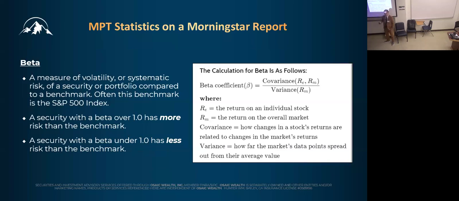If you see something with a beta of 0.6, you could say that's got roughly 60% of the volatility of whatever I'm looking at. So if I'm looking at a dividend ETF and comparing it to the S&P 500, it might have a beta of 0.7 or 0.8 because they tend to fluctuate less in comparison to the S&P 500.